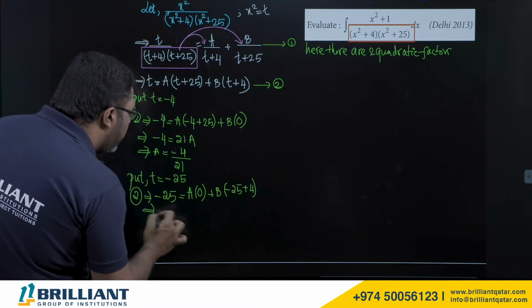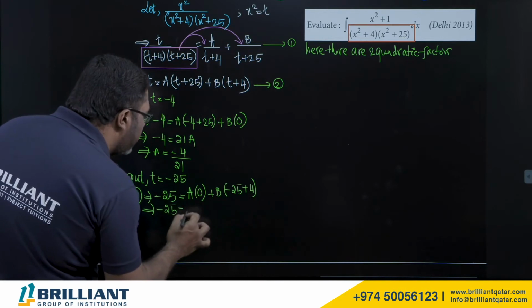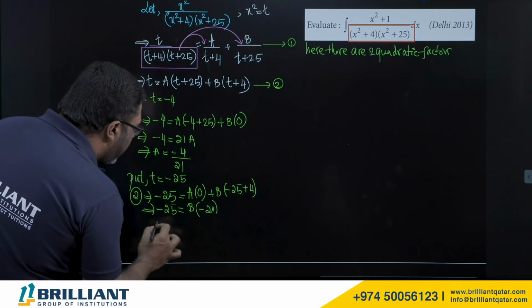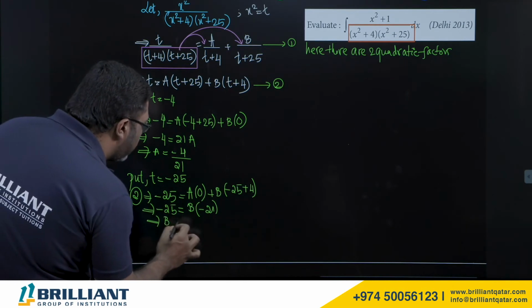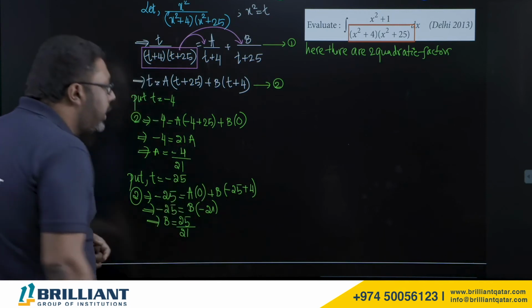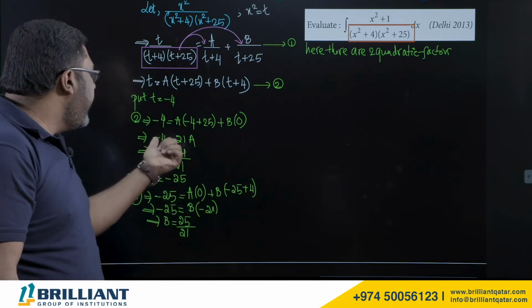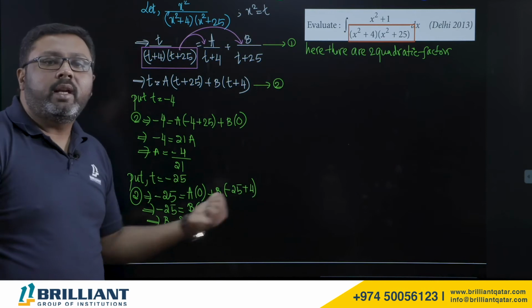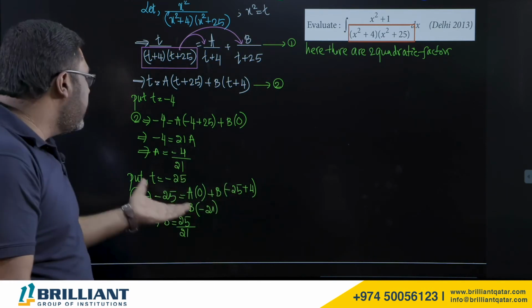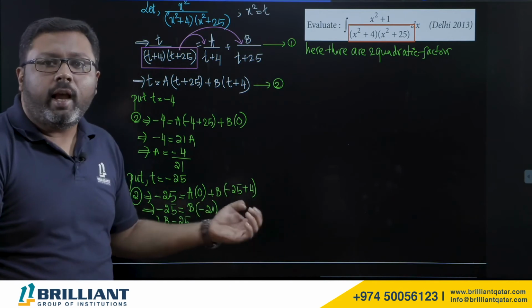Negative 25 is equal to b into negative 21. That implies b is equal to 25 divided by 21. So a is minus 4 by 21, b is 25 divided by 21. This is what your answer is for the arbitrary constants a and b.